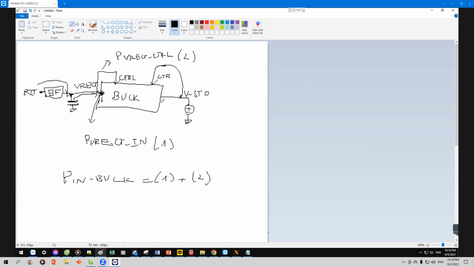Okay, and the output power will be P V store. The energy is harvested and delivered to the storage output, and a part of the energy is used for the control circuit, right? Yes. So it will be P V store control.